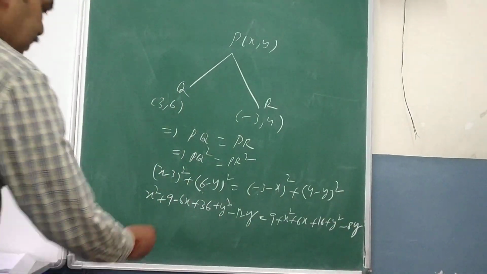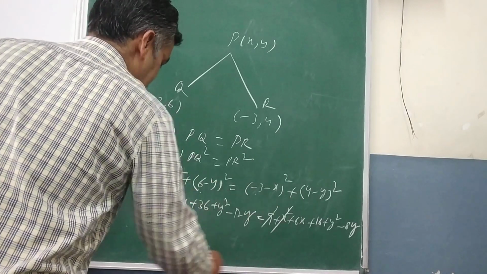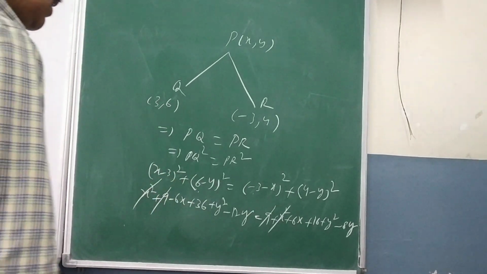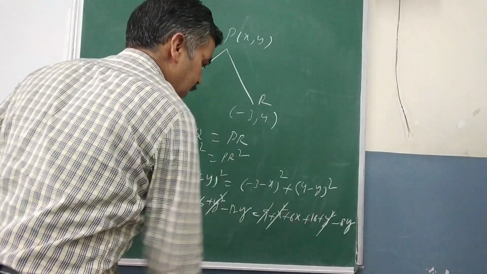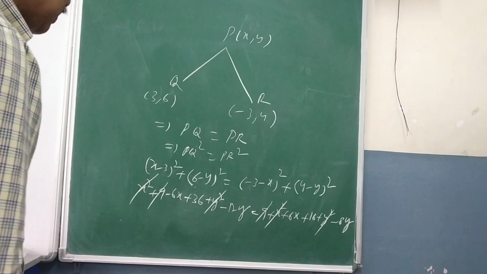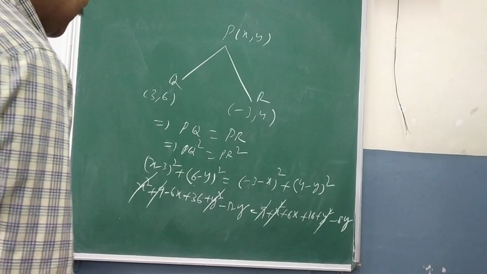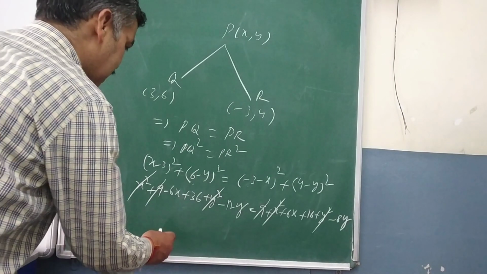So if anything is possible to cancel, please cancel. x square is gone, y square is gone, and nothing else is possible. Okay, leave it as it is. So where are we reaching?